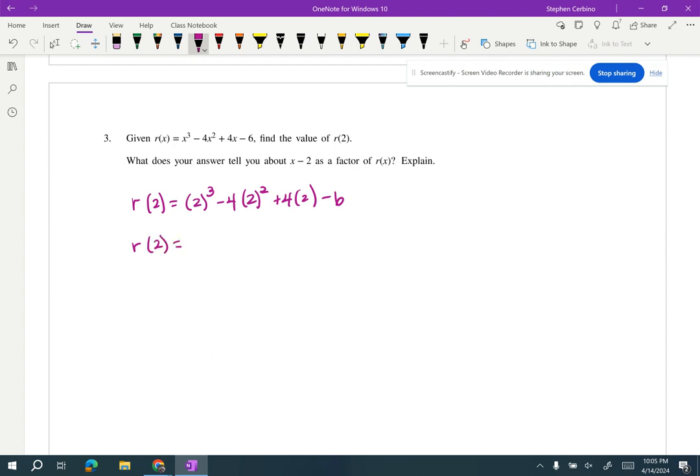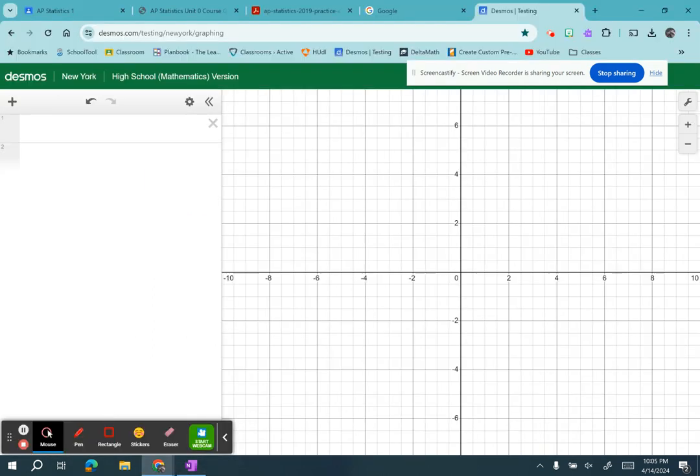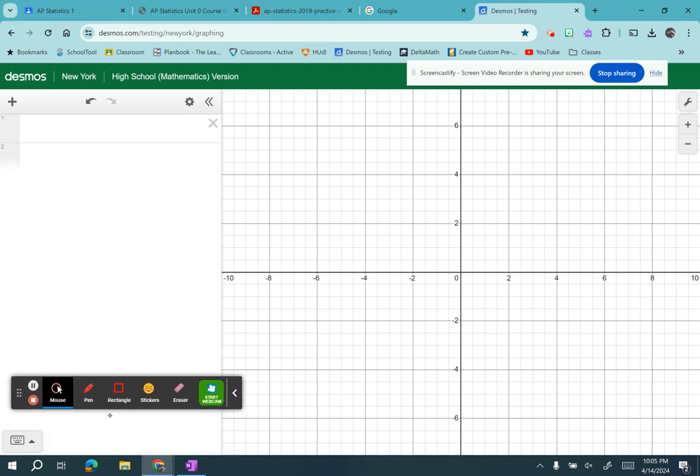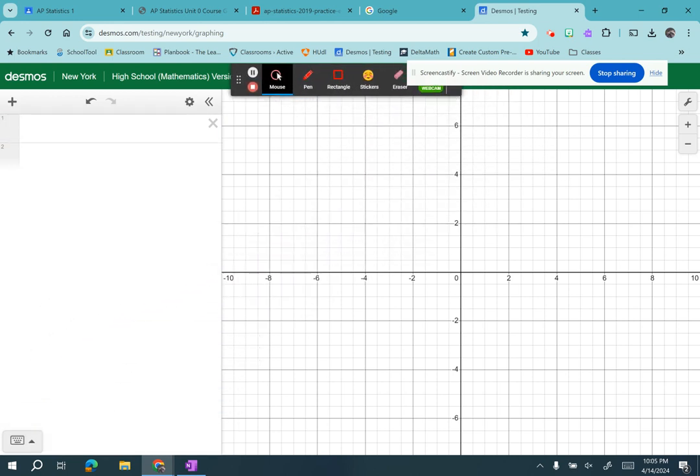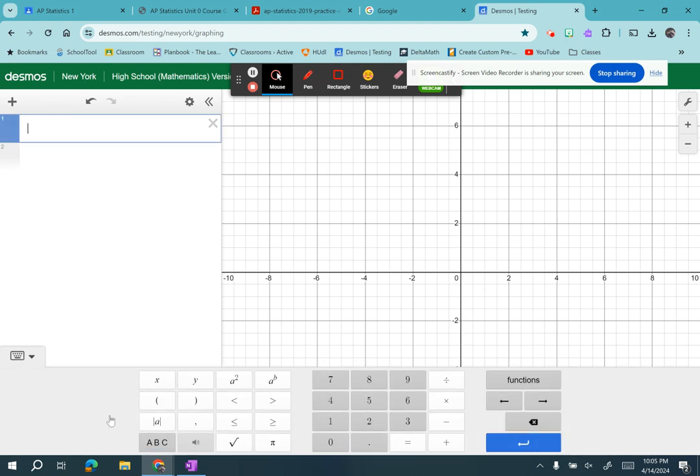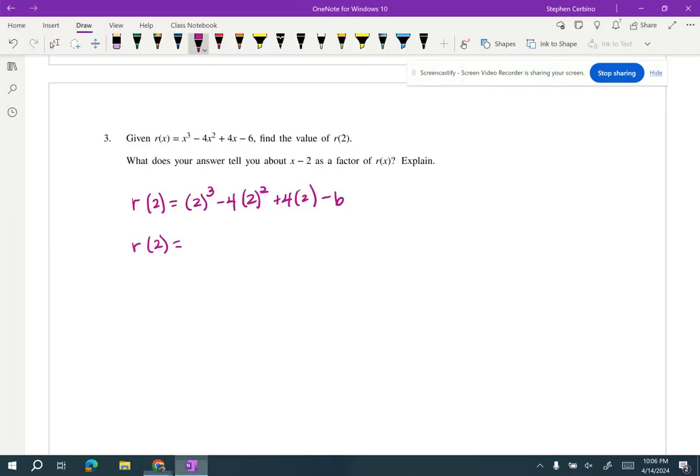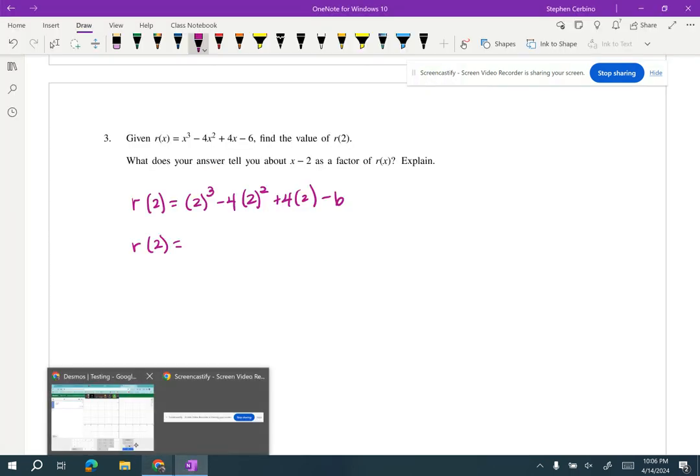So we'll go to Desmos. So in Desmos, let's move this so it's out of my way. Okay, so we want to put our parentheses. So we have 2 to the power of 3. I'm just going to click back and forth here because I can't remember.